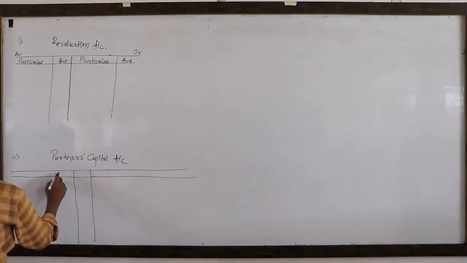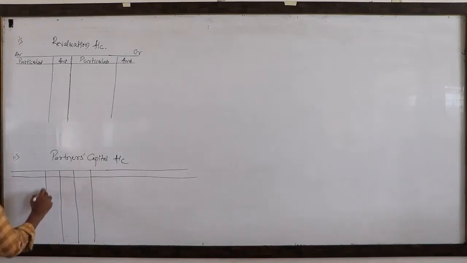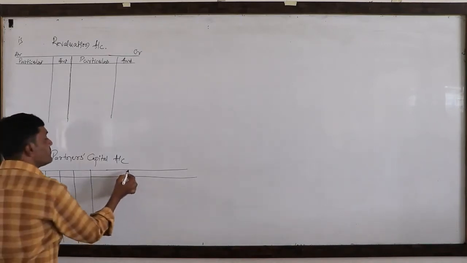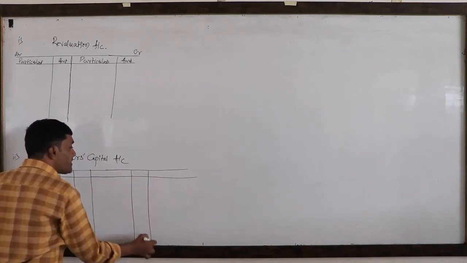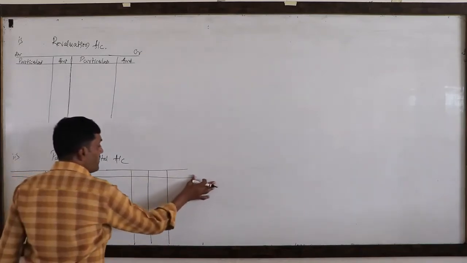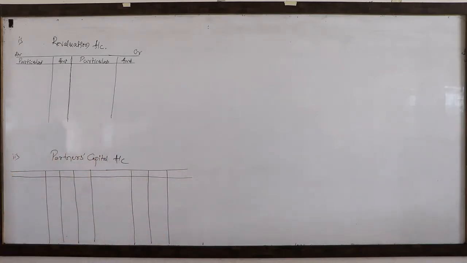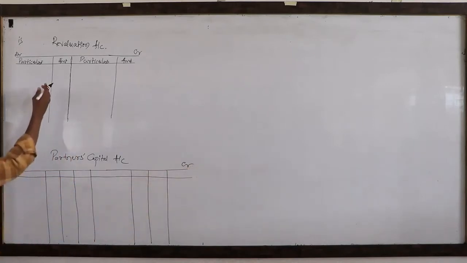Here I am drawing the combined partners' capital account. This is a personal account, dear students, that you have already studied: personal account, real account and nominal account. This one is a personal account, which refers to partners, because partners are persons. This one is a nominal account.